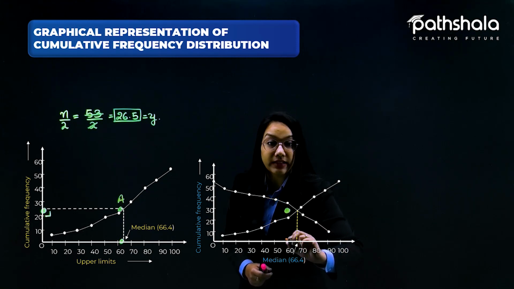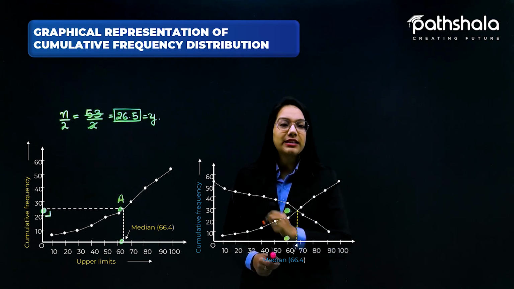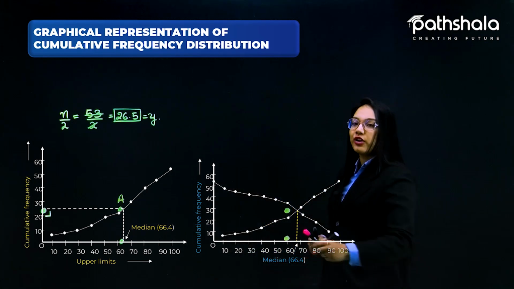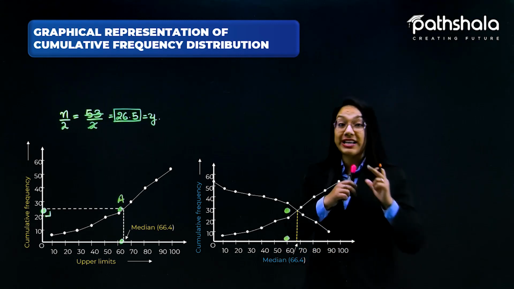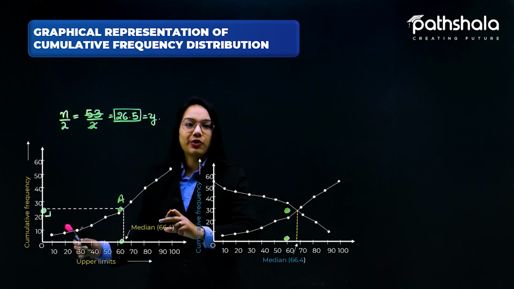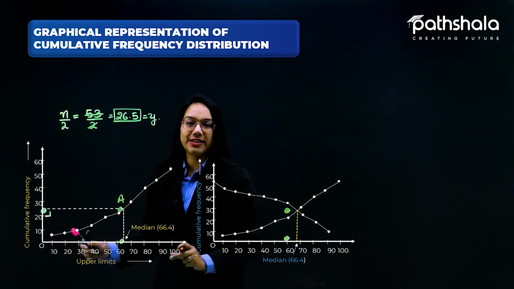Wherever it intersects the x-axis, that point is called the median. As you can see, the median is coming out to be 66.4, which is exactly the same as that of this ogive, which is the case of less than ogive.